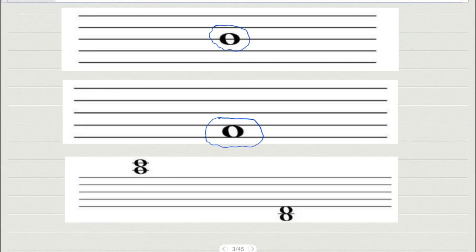Also, a note can be positioned on a ledger line or between 2 ledger lines or between a ledger line and a line on the stave. So if you look at where I'm circling now, can you see that a note is positioned on a ledger line and another note is positioned on another ledger line?